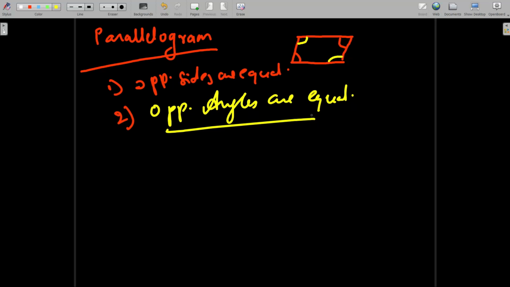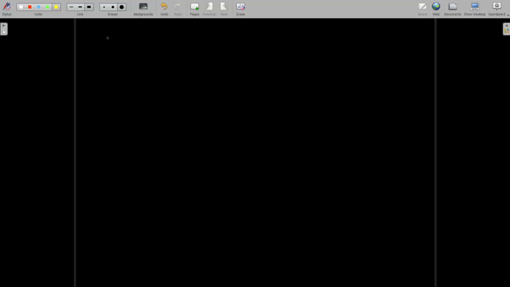Okay, now let us see the property of a trapezium or trapezoid. It's very simple.